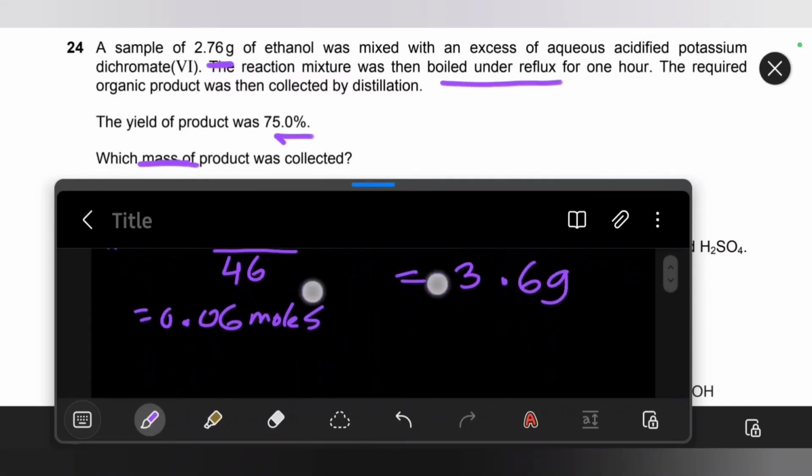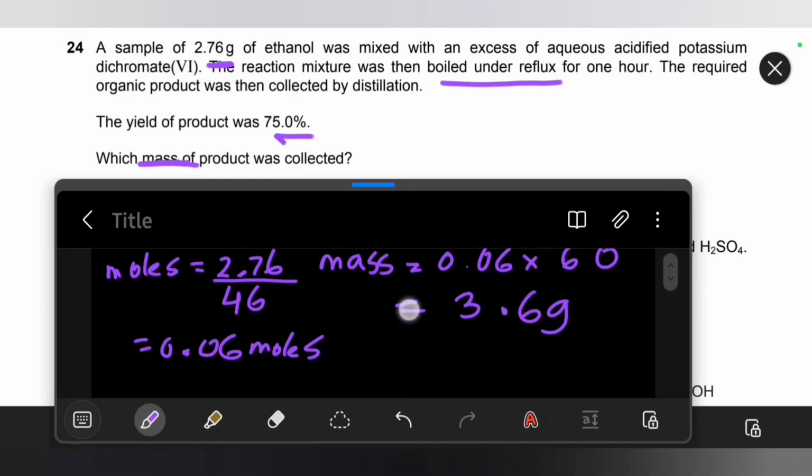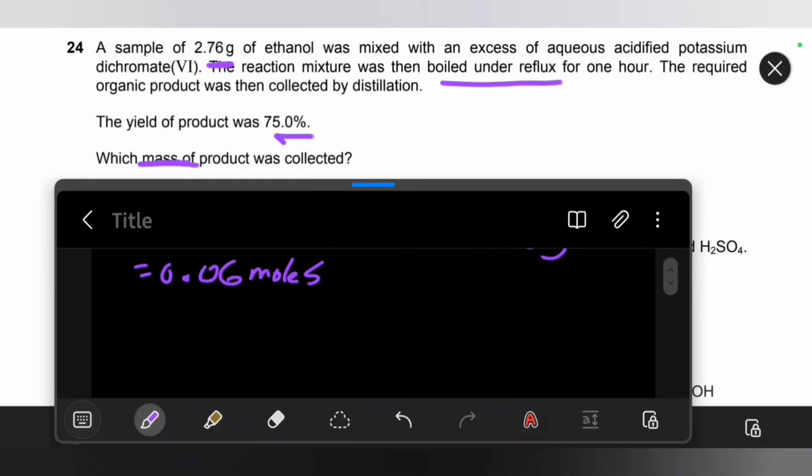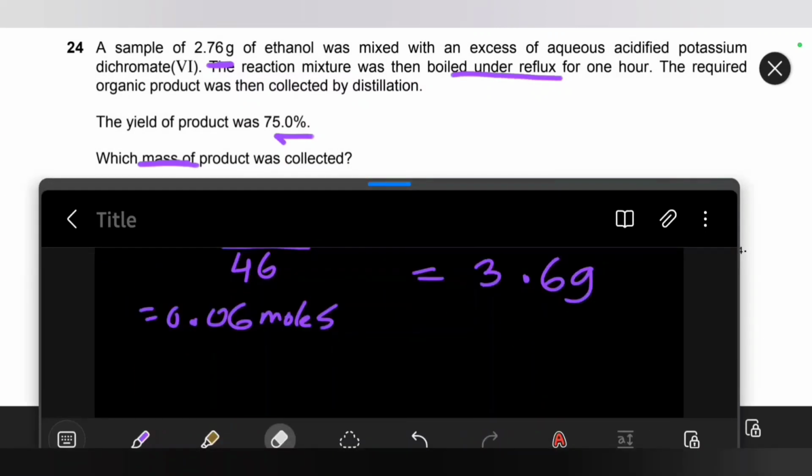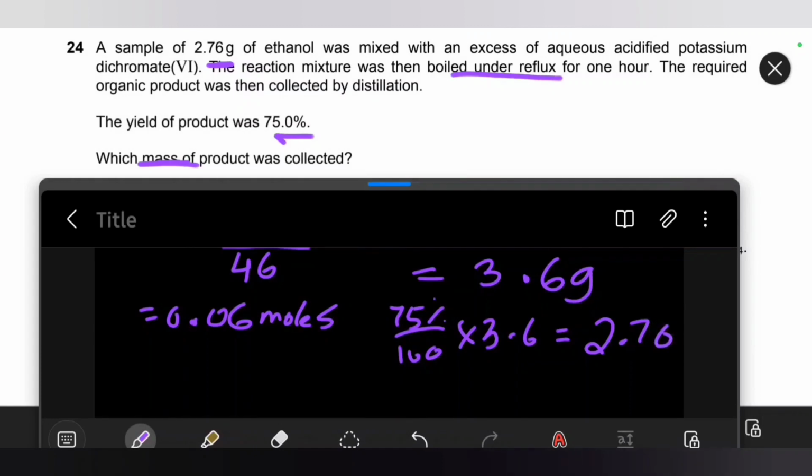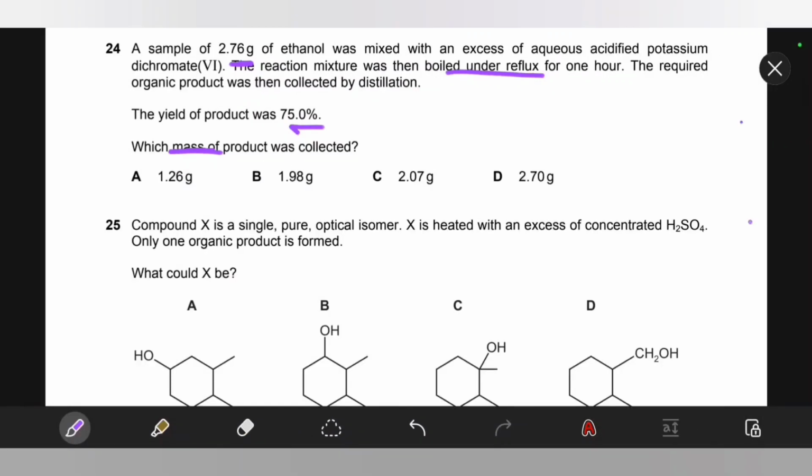So we know the mass of our organic product. We just need to find 75% of it. 75% of 3.6 would be 2.70. So our answer would be D.